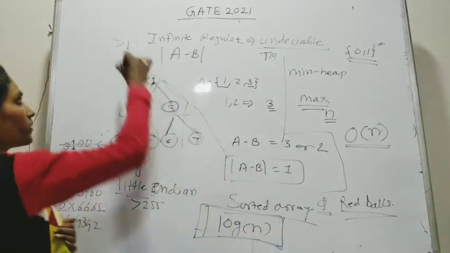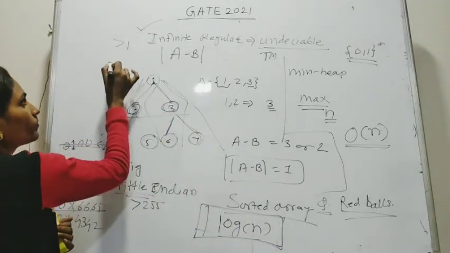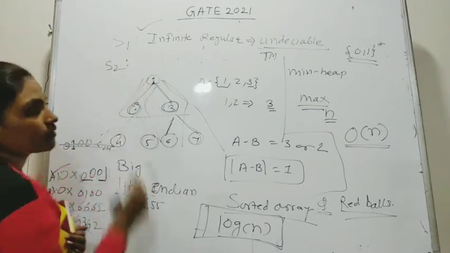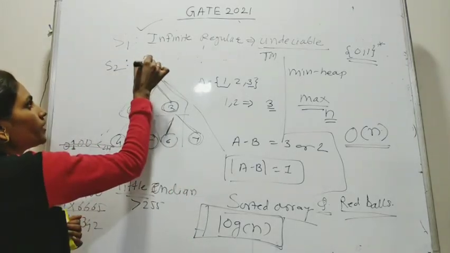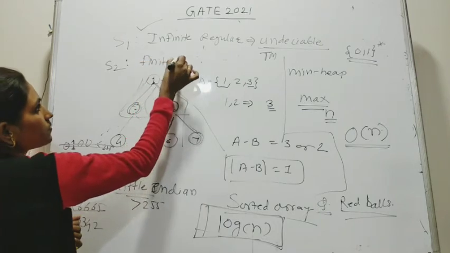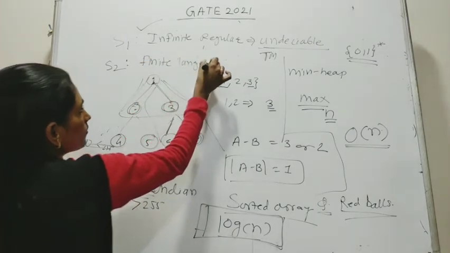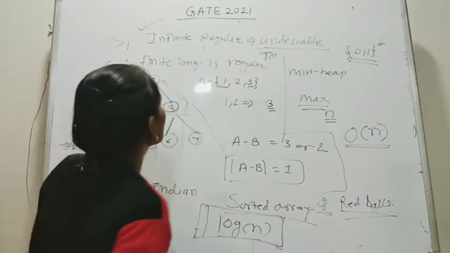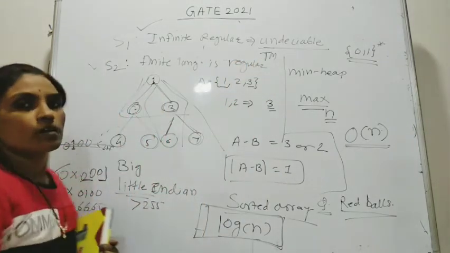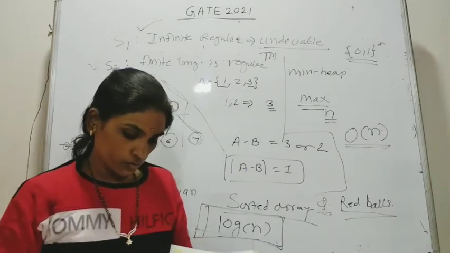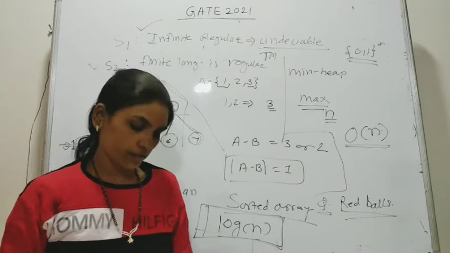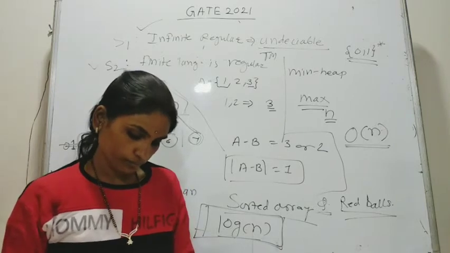So this statement is true. Then the S2 statement is given: finite language is always regular. Also, the second statement is true. So the correct answer is both S1 and S2 are true.